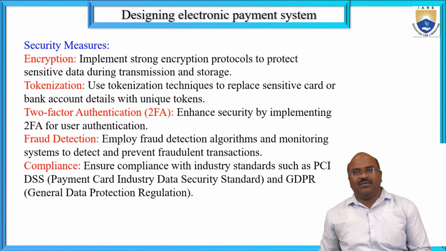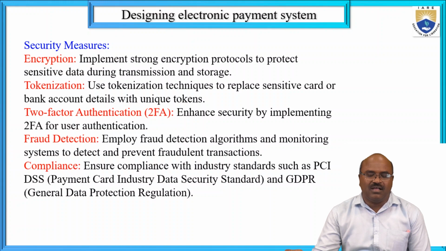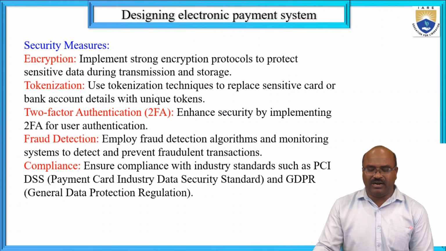And the third important security thing is called fraud detection. In any online business, we can reduce fraud, we can reduce corruption, we can reduce unethical transactions. All those things come under fraud detection.